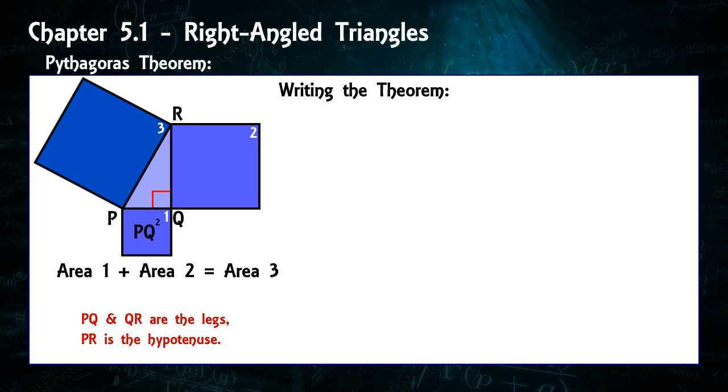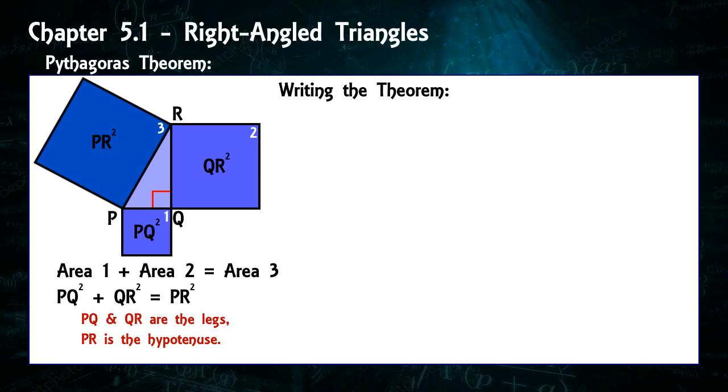Square 2 with side QR has an area of QR squared. And square 3 with side PR has an area of PR squared. This means that Pythagoras' theorem for this triangle is PQ squared plus QR squared is equal to PR squared.